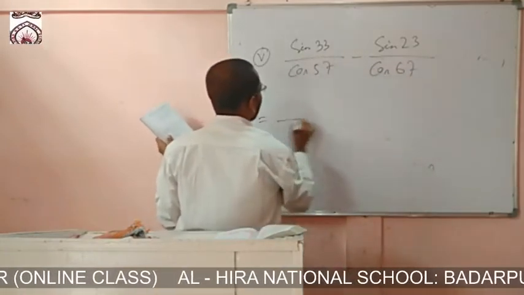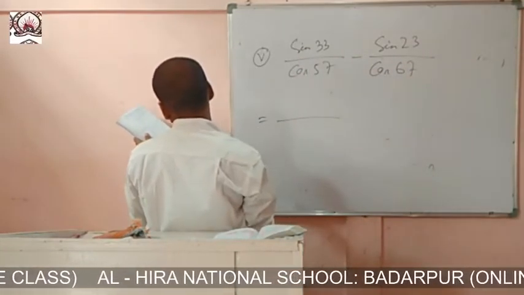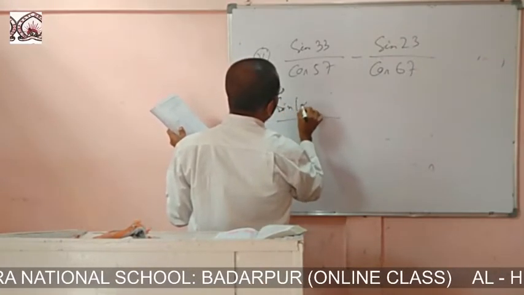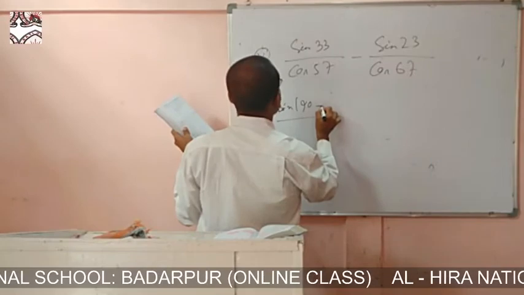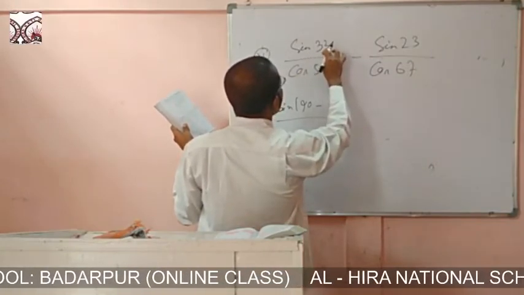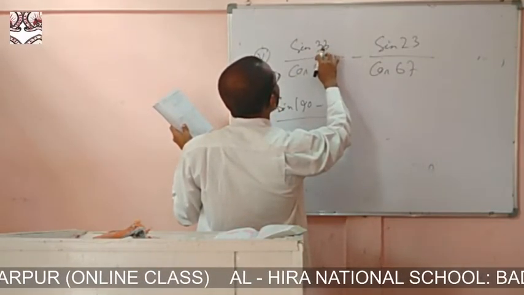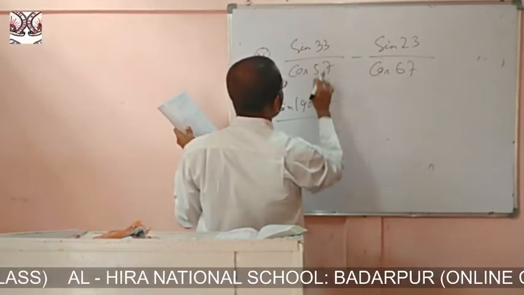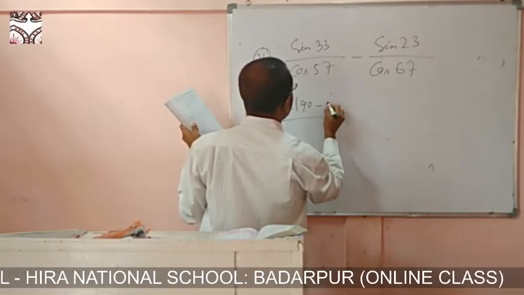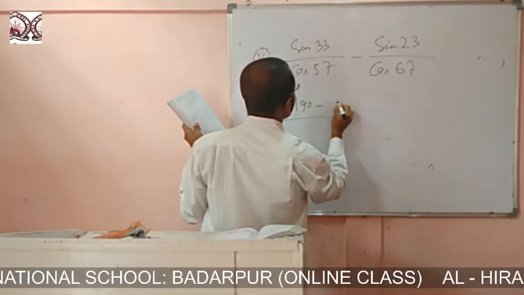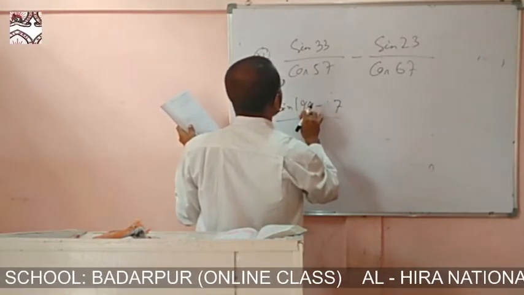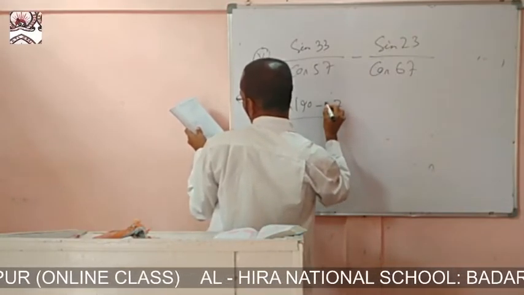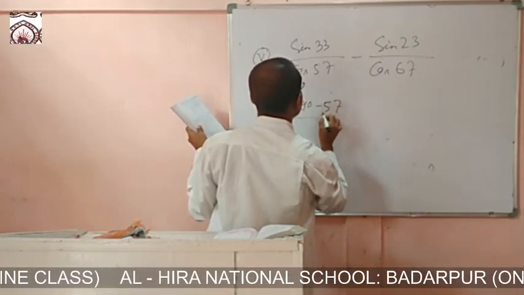You see, sin 33 we can write as sin(90 minus 33). So 90 minus 33 will remain, this will be 57, so this will be sin(90 minus 57).